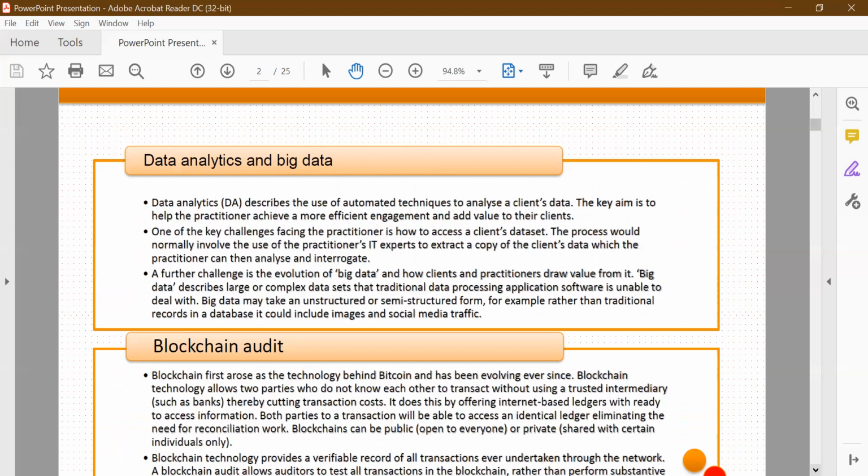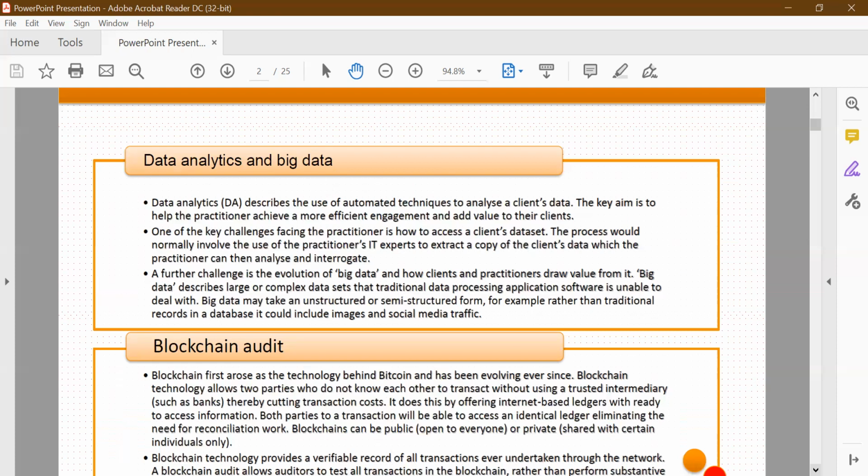So with large complex data like that, the key is how can audit practitioners draw value from it? Because there's a lot of information, right? And it has to be analyzed properly to be able to draw information from it.